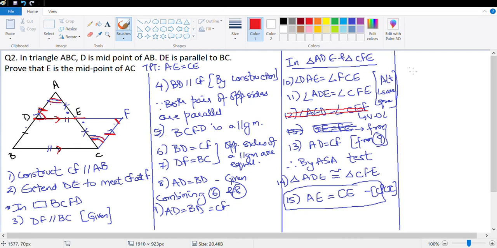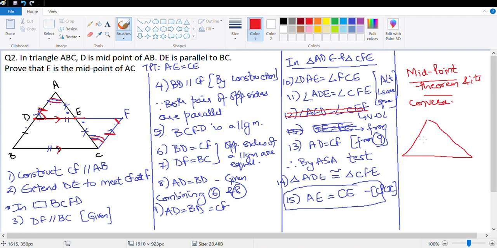Before we look at this question, let's say this chapter is called Midpoint Theorem and its converse. Now converse means the reverse of it. So let's look at midpoint theorem. Midpoint theorem says that if you have a triangle and in the triangle you join any two midpoints of two sides, this line will be parallel to the third side and will be half of it.